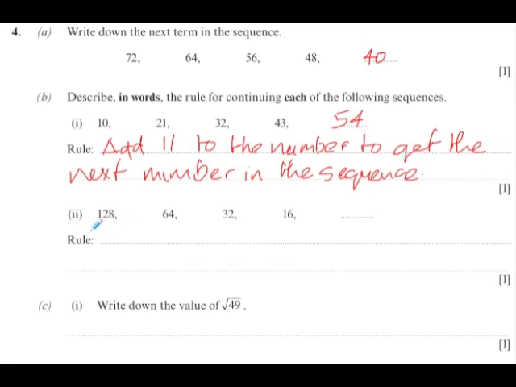Okay. Here you can see the numbers getting smaller. So you can try taking one from the other. So here we see that taking 64 from 128 is 64. That's interesting because that's the same number as that. So let's take away 32 from 64 and we find that's 32.